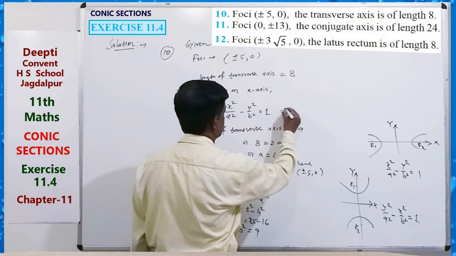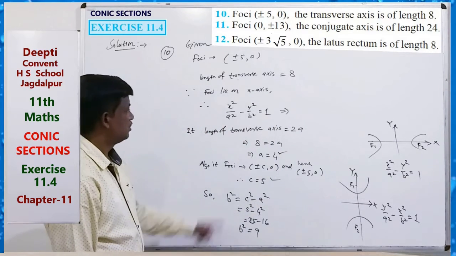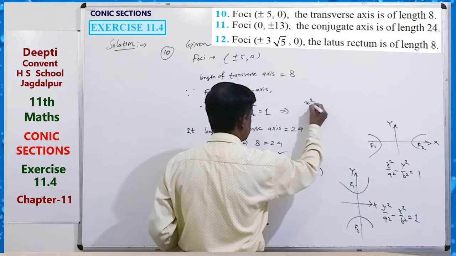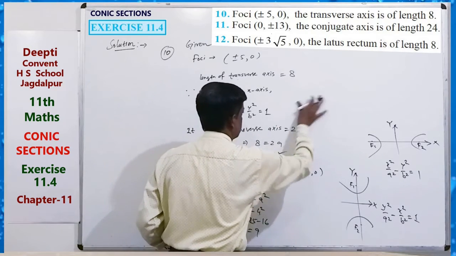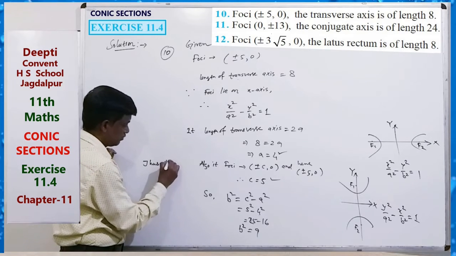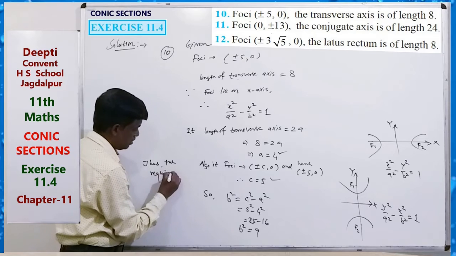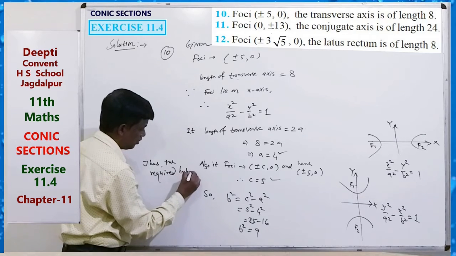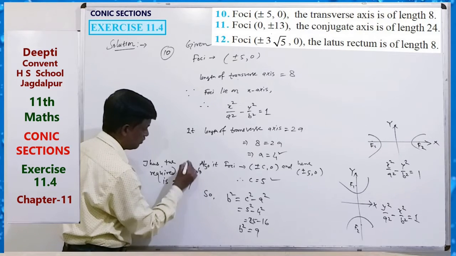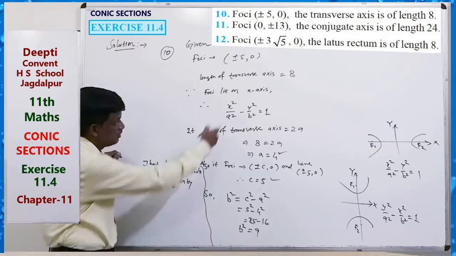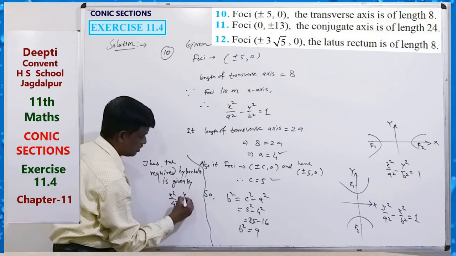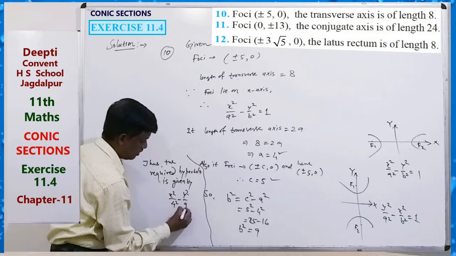What will be the equation? Thus the required hyperbola is, just put the value of A and B. Thus the required hyperbola is given by x square by a square, 16, minus y square by b square, 9, equals 1.